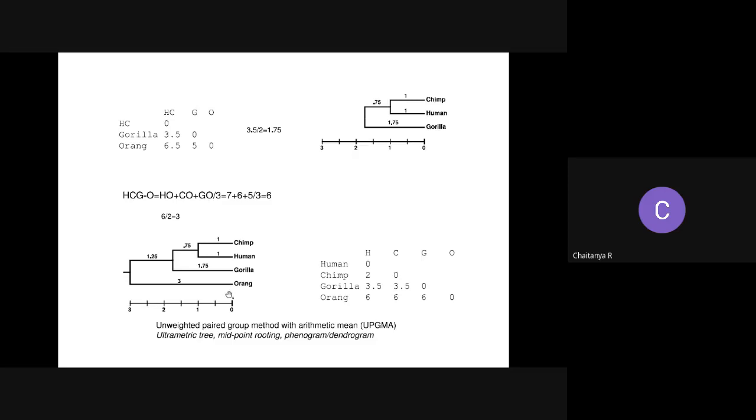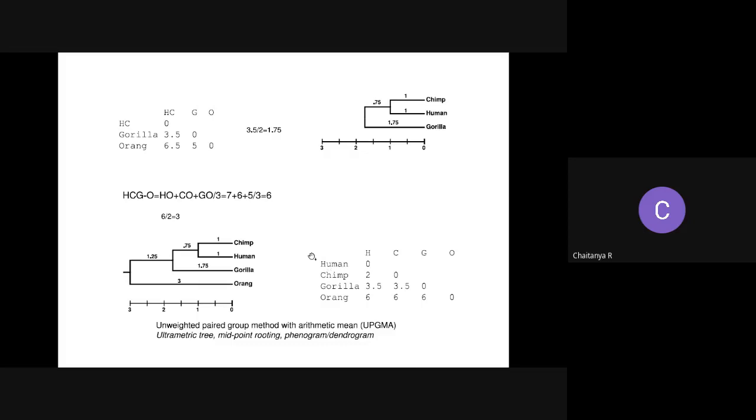It's 3 along orang, and over here it's 1.25 plus 0.75 plus 1. And similarly over here it's 1.25 plus 1.75. So finally you get an observed distance matrix like what you see at the bottom here. This is what we've calculated for humans, chimps, gorillas, and orangutans using UPGMA.